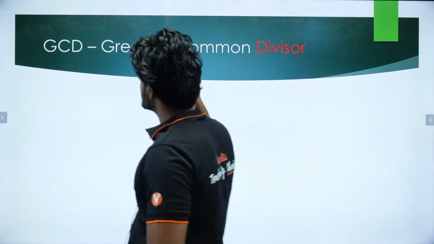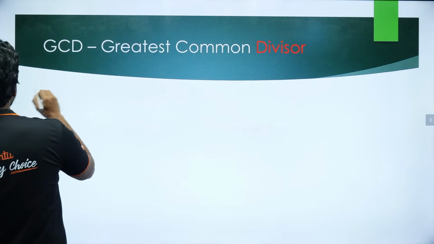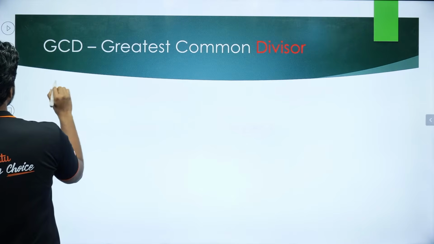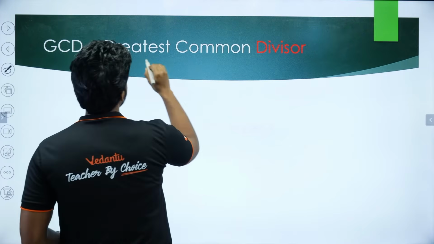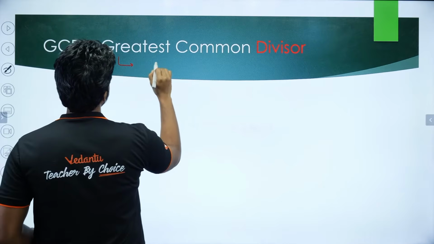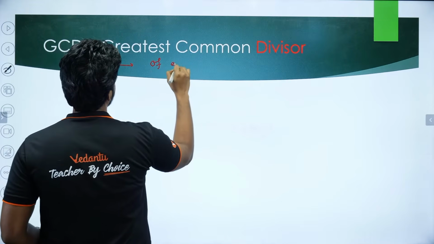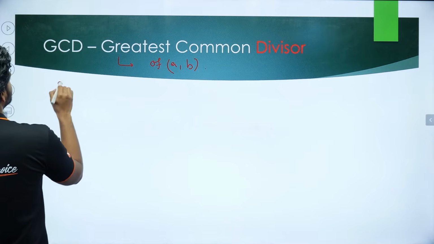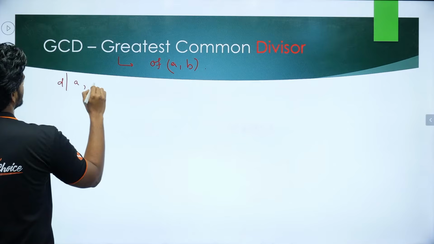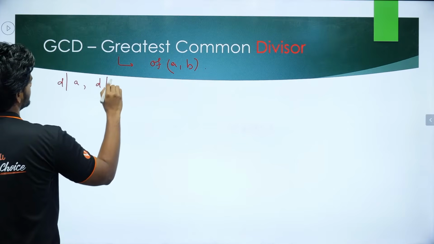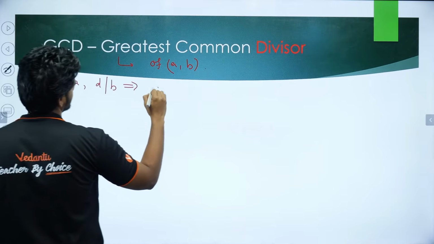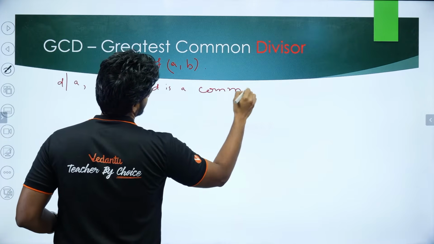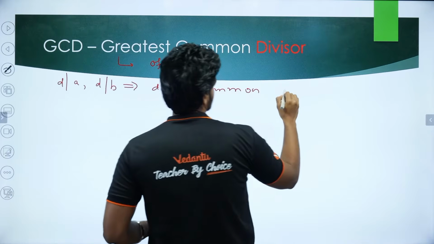Okay, so the greatest common divisor, of course, as we know. We generally talk of this in terms of A and B, two integers, right? So if D divides A and D divides B, that would imply that D is a common divisor.